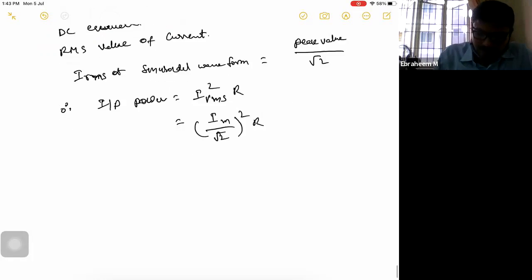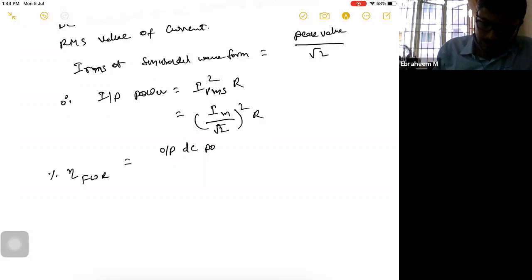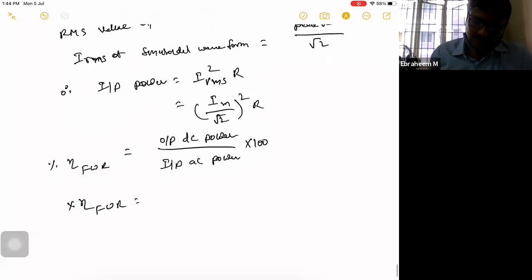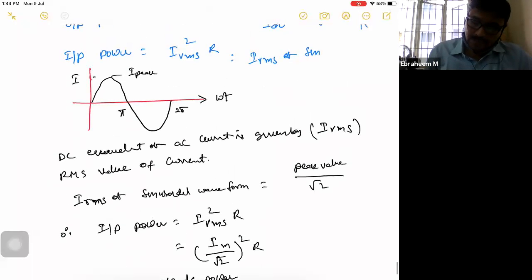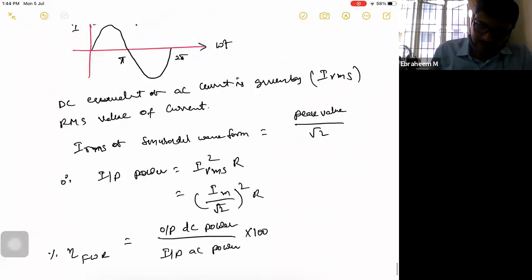So therefore, the percentage efficiency of a full wave rectifier is equal to output DC power divided by input AC power into 100. Output DC power is given by IDC whole square into R, but IDC is equal to 2 I maximum by pi.